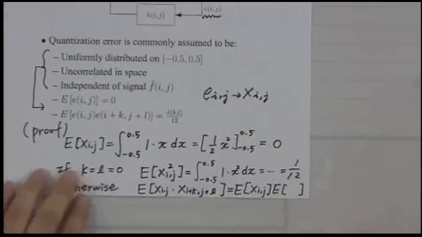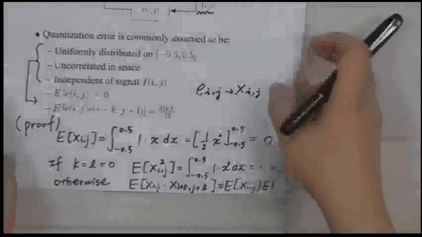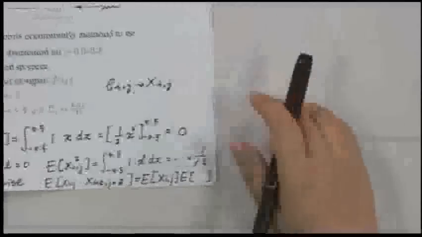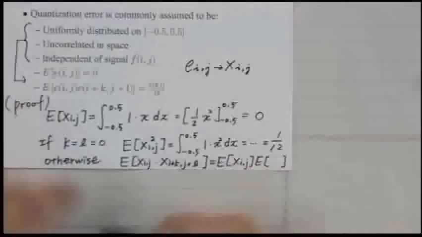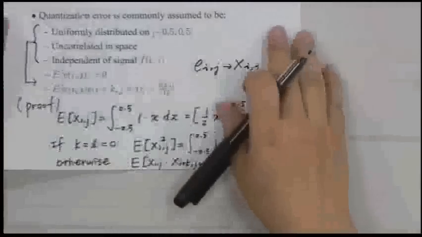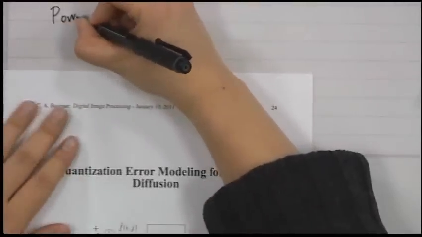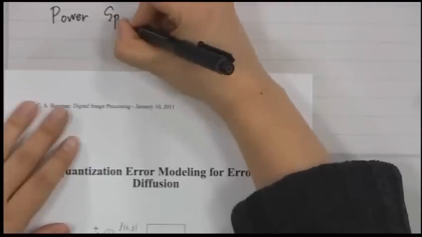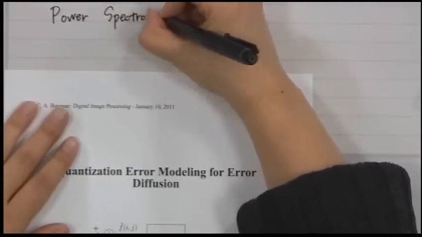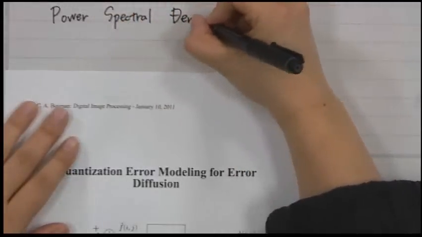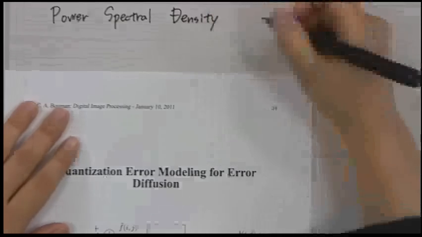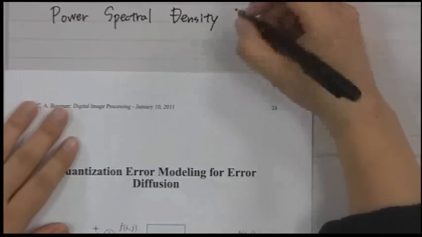The reason why it's called white noise is, let's try to calculate the power spectral density.